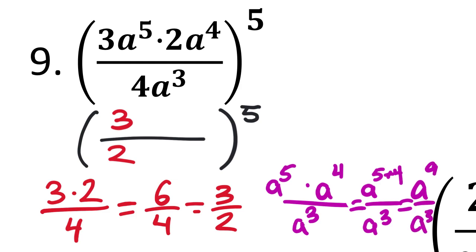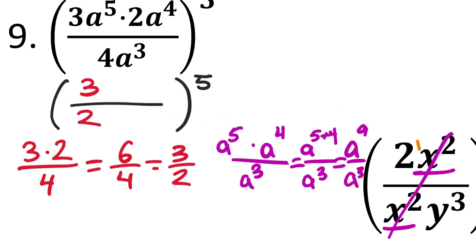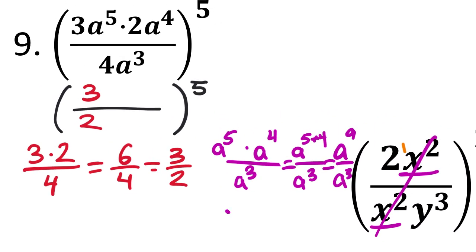So to finish that off, I got the same base. I take my base a and then the 9 from the numerator and subtract the 3 exponent from the denominator, which would then be a to the power of 6. Now, since that's a positive exponent, I'm going to keep it in the numerator, a to the power of 6 right there.